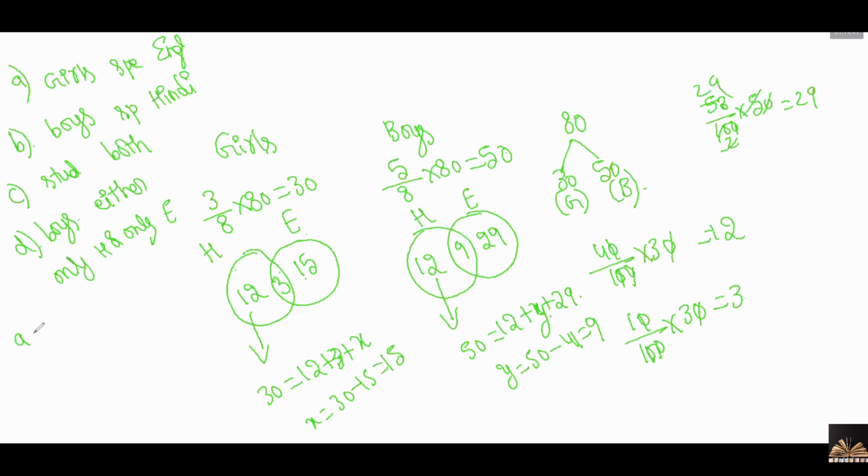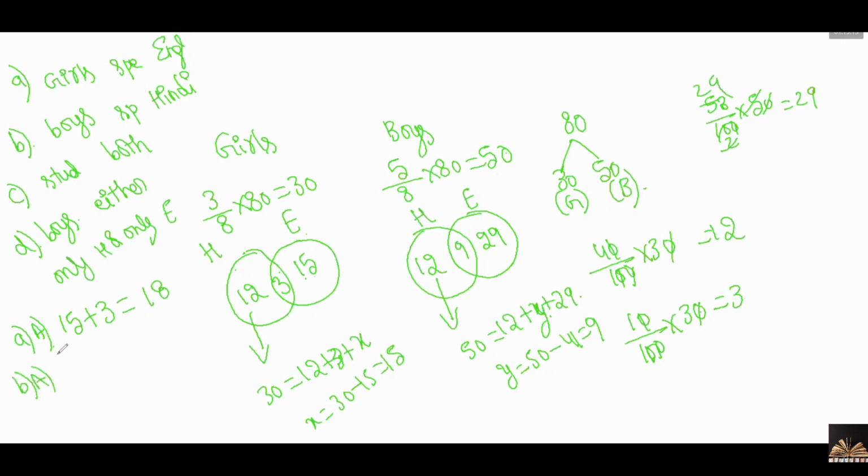Now first answer, how many girls speak English? So here only English is 15, both English and Hindi is 3, right? The question given is, how many girls speak English? He doesn't mention anything about Hindi, right? So we have to consider the girls who speak only English and the girls who speak both English and Hindi, that is 18. So the answer for the first question is 18.